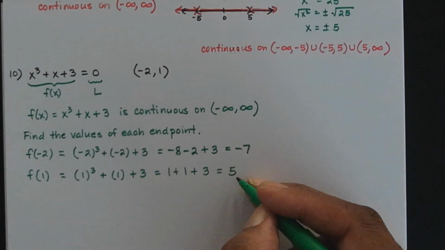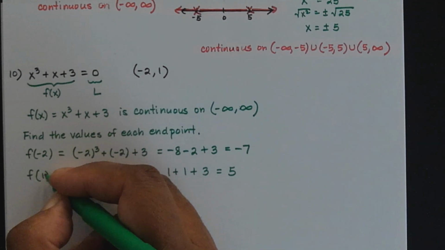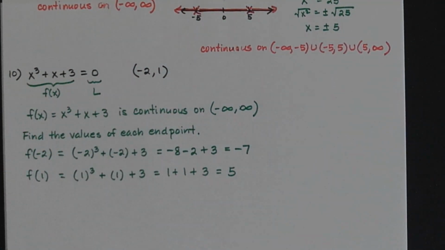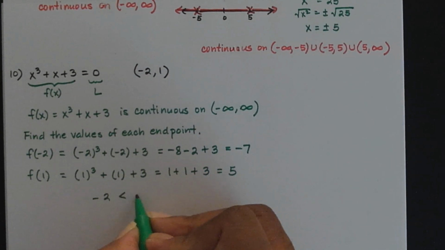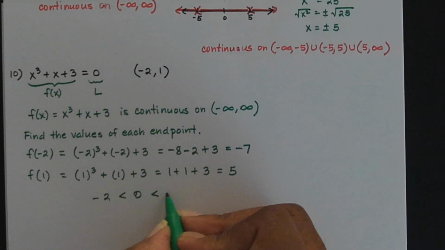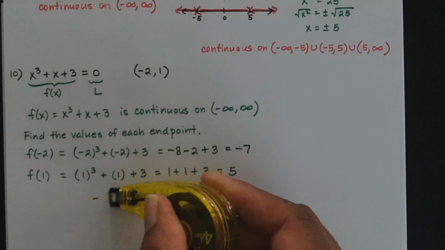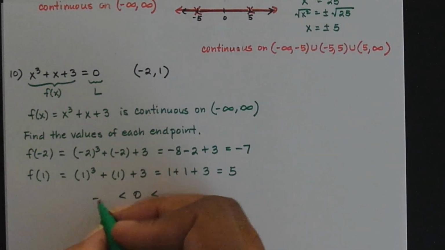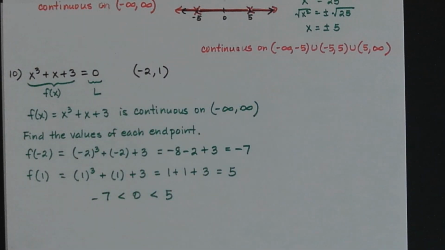One's negative, the other one's positive. That means there is a 0 between those two endpoints, negative 2 and 1. So a 0 does exist, and that's because 0 is between negative 7 and 5.